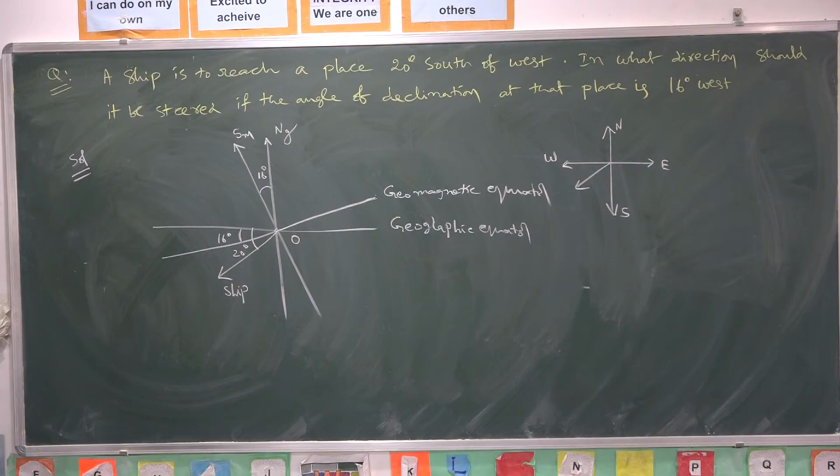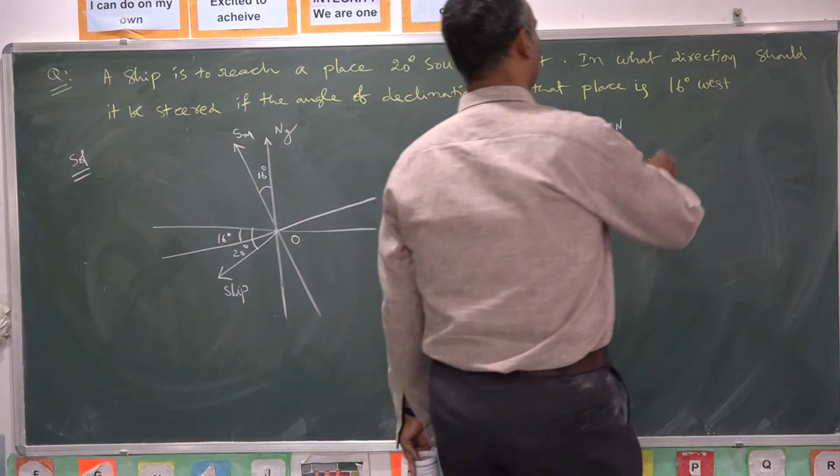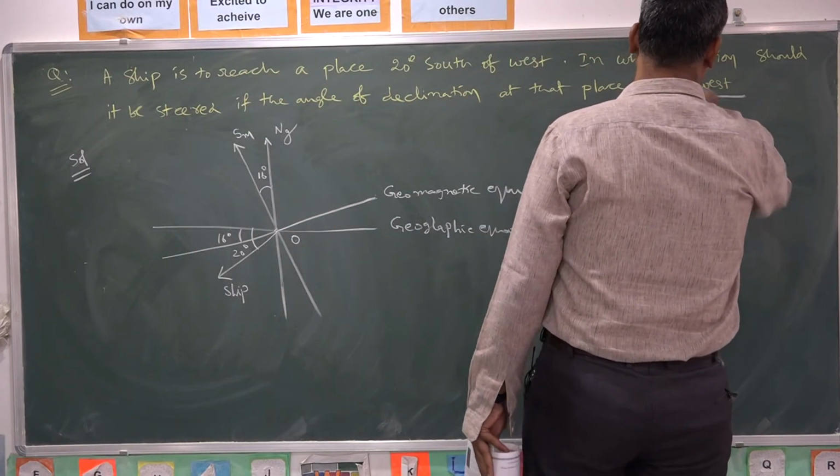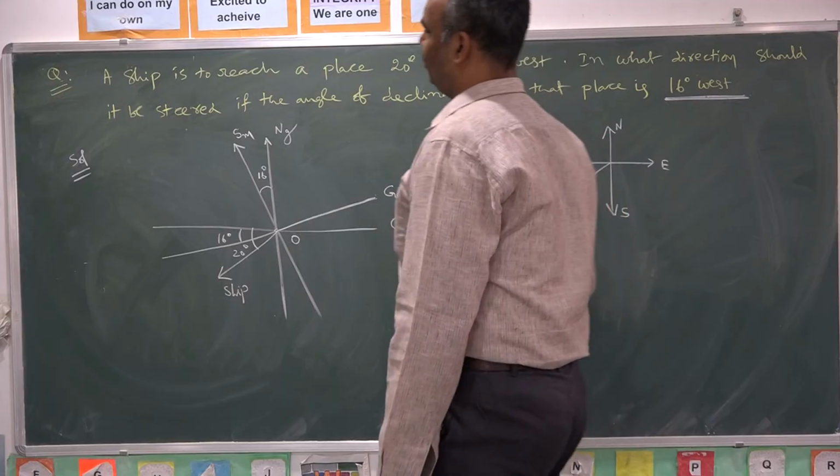In what angle it should be steered if the angle of declination at a place is 16 degrees west. In the question itself they gave the angle of declination.